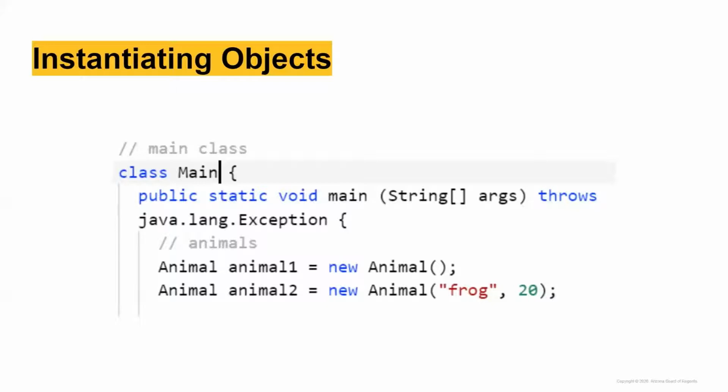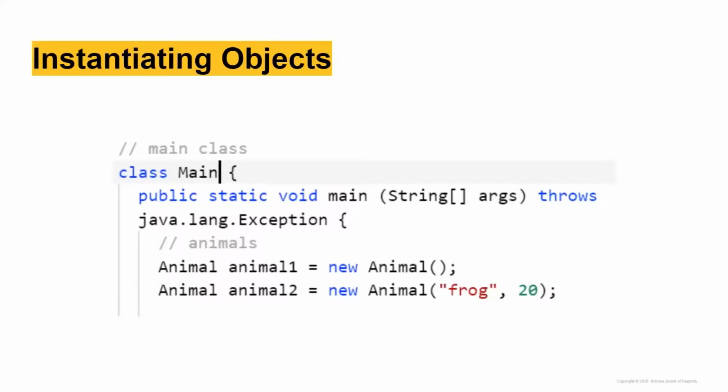Animal 1 was instantiated using the default constructor, so there are no parameters. And animal 2 was instantiated using the parameterized constructor. You can see when I called that constructor, I inserted frog and 20 for the species and the lifespan.